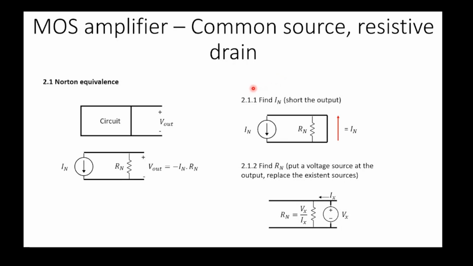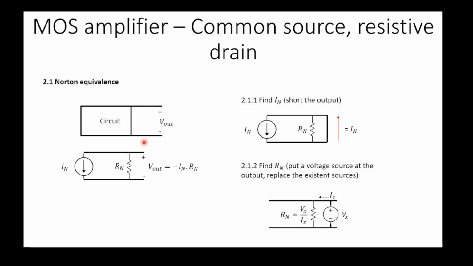And the second notion is the Norton equivalence. If you don't know the details of the Norton equivalence or Thevenin equivalence, please refer to the circuit theorems, because they are very important. In this case, I just briefly go through what the Norton equivalence is, like a reminder. Usually we have a circuit which we don't know anything about, but we want to know the voltage between the two terminals of the circuit itself.